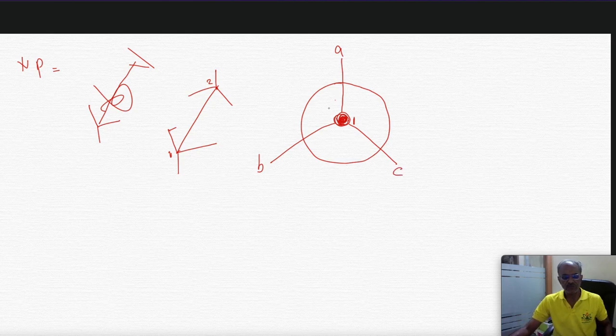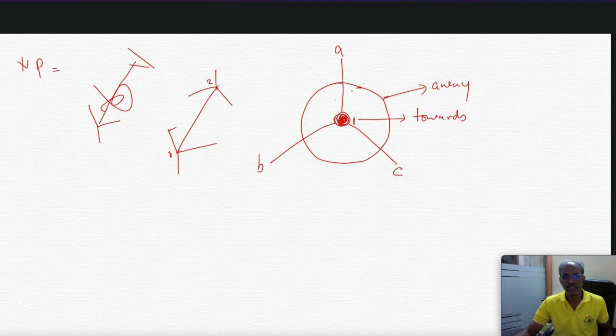Now, the carbon atom which is on the other side, which is away from the observer, is this. This is away from the observer, and this is towards the observer. Away from the observer, towards the observer.